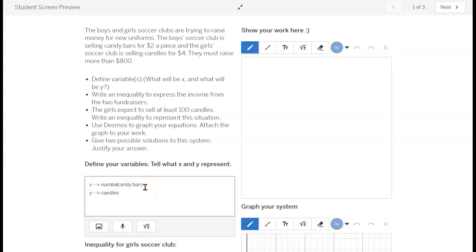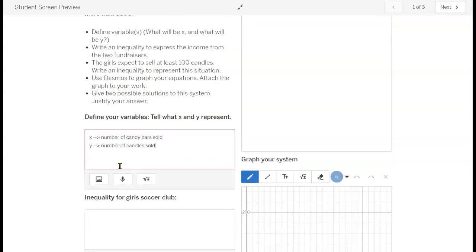This is the number of candy bars sold. So Y would be the number of candles sold. That's defining your variables. You don't need to do anything more than that there. That tells what each one stands for.